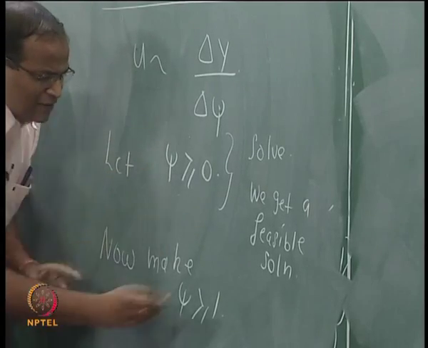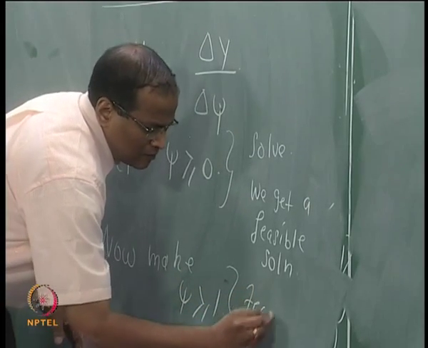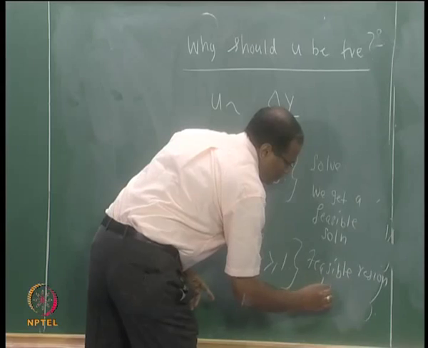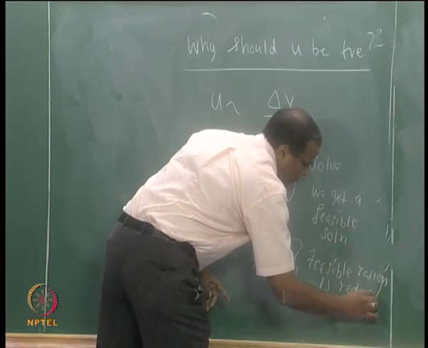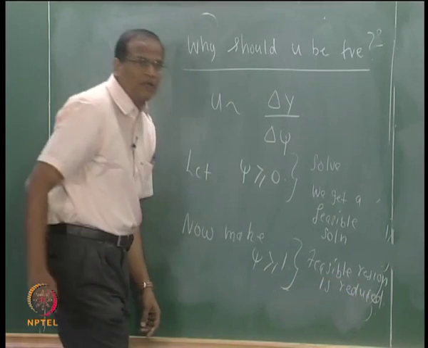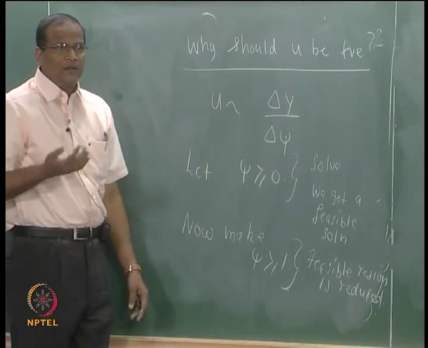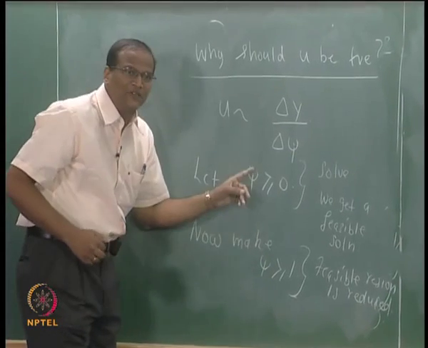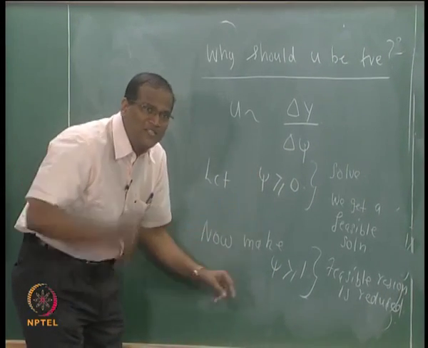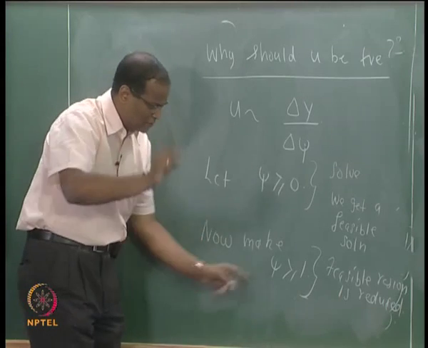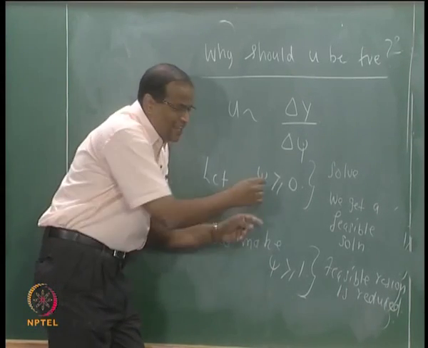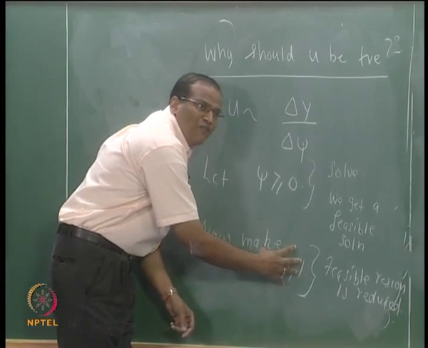When I have done that, the feasible region is reduced. Any solution which satisfies psi greater than or equal to 1 will automatically satisfy psi greater than or equal to 0, but the converse need not be true. Now I have a reduced feasible region.